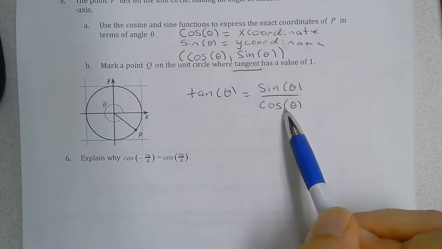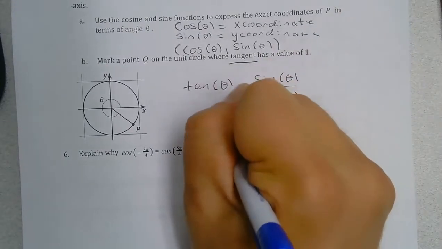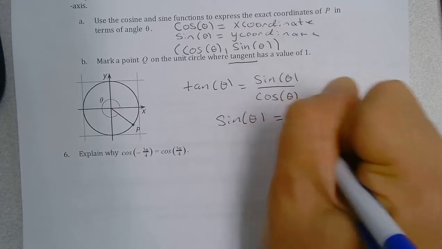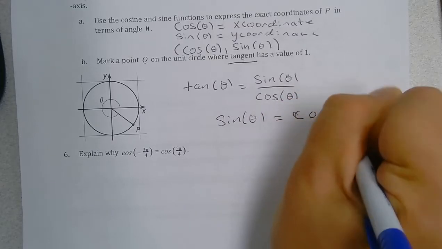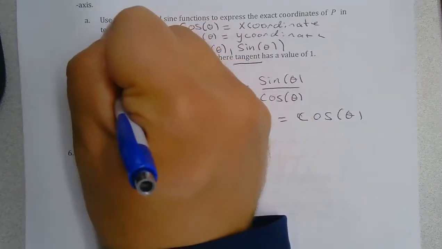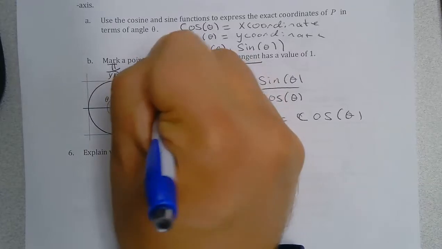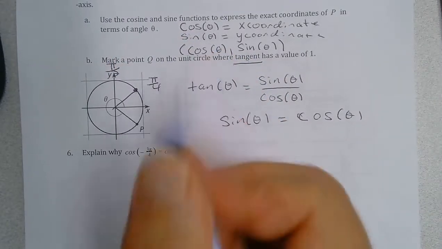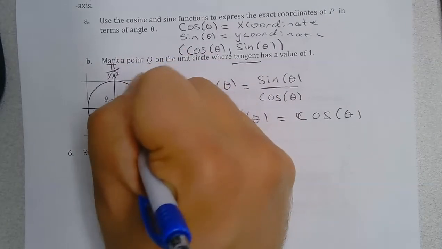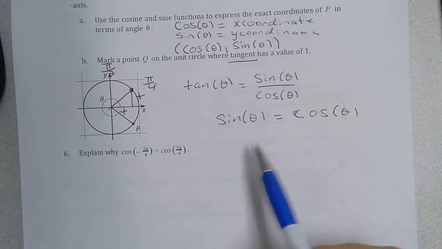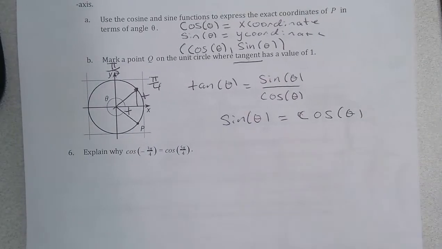So for those to be 1, the sine of theta has to equal the cosine of theta. So that happens right here. Remember, this is pi over 2. That happens at pi over 4 because the cosine would be positive and the same value, and the sine would be positive, and a positive divided by a positive is positive.